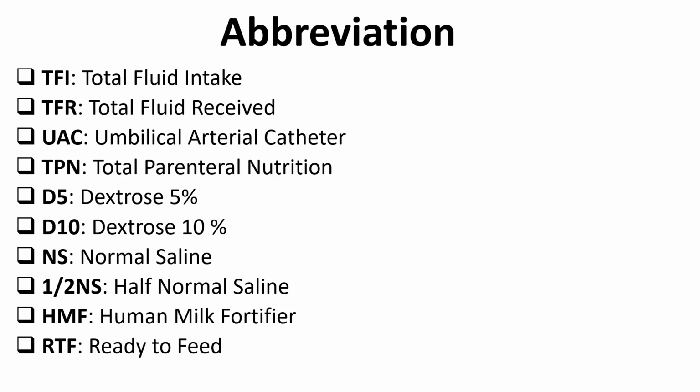Okay. So the UAC is the umbilical arterial catheter. The TPN is total parenteral nutrition. It's composed of the following: the fluid, so we calculate how much fluid; the dextrose in the fluid, how much; the protein, how much protein we'll give; the fat, how much fat we'll give; and then the electrolytes: the sodium, the potassium, the magnesium, the calcium.